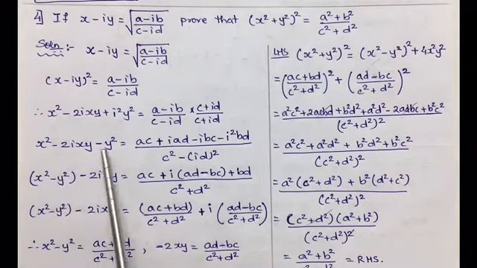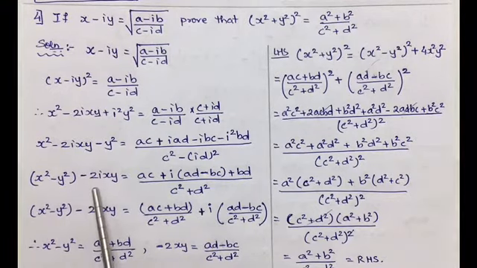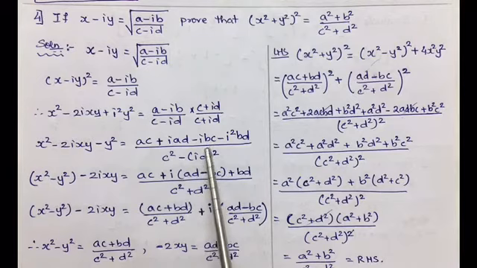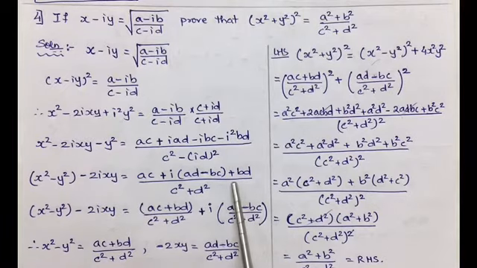Now taking up the reals together in the LHS, we get x square minus y square minus 2ixy, that is the imaginary part. And here also, putting the value of i square as minus 1, we get plus bd.